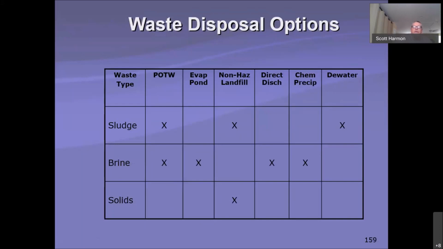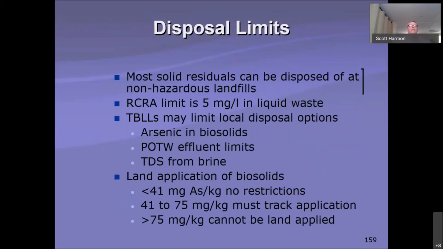Possible to direct discharge depending on the level that you have, or possible chemically precipitate those, concentrate those, where at that point you'd probably have to put them into a hazardous waste type landfill. And any of the solids that may be created by the conventional type of treatment could end up in a non-hazardous landfill situation, provided that you can find one to take it.